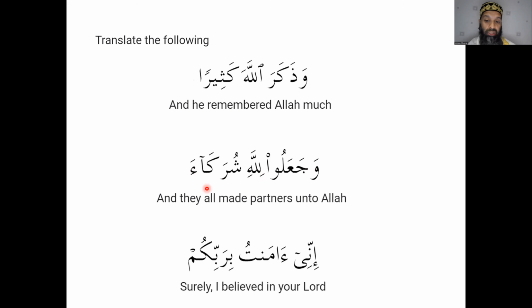And the last one, inni, surely I. Inna means indeed, and the ya makes it me. And when you put the ya on, the noon becomes, I guess, a kasra on it. Inni, indeed I. Amantu. Now you have to know what amana means. And amana means to believe. Amana rasulu bima unzila. Yeah, amana.